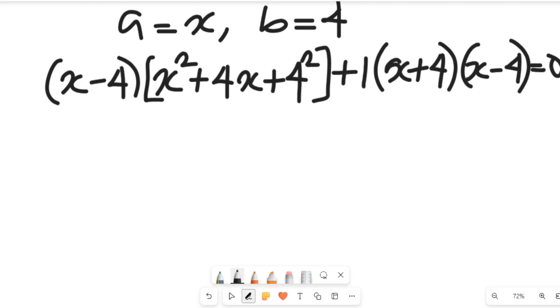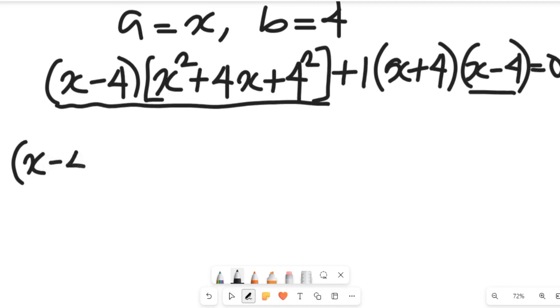So having seen that expression, we are going to simplify. If we want to simplify, we want to divide all through, because x minus 4 is common. So let's bring out x minus 4. We divide this whole place by x minus 4 and divide this whole place by x minus 4.